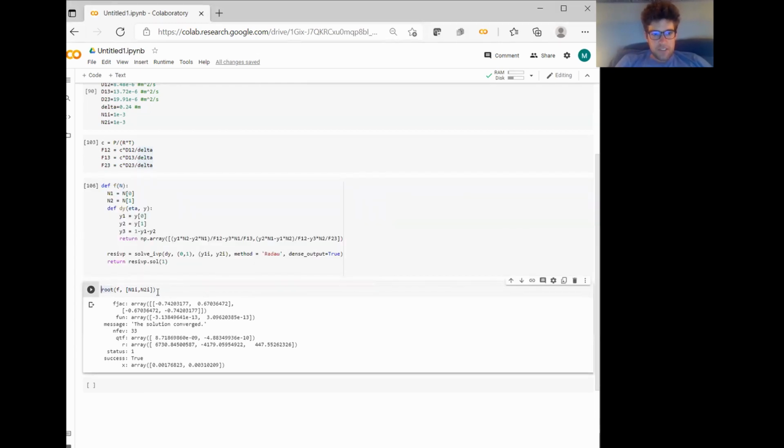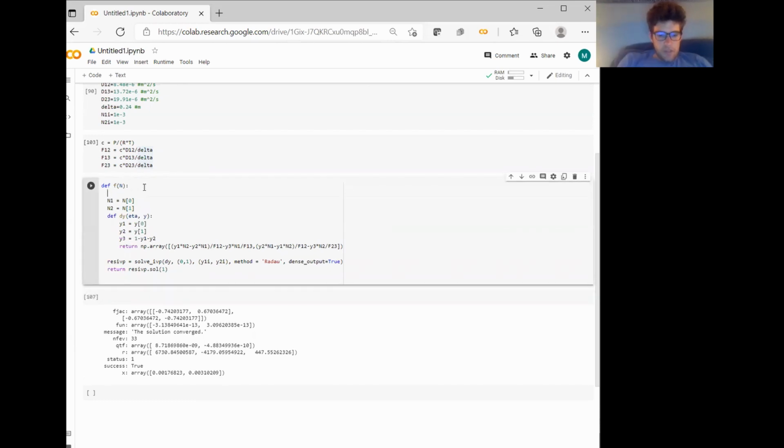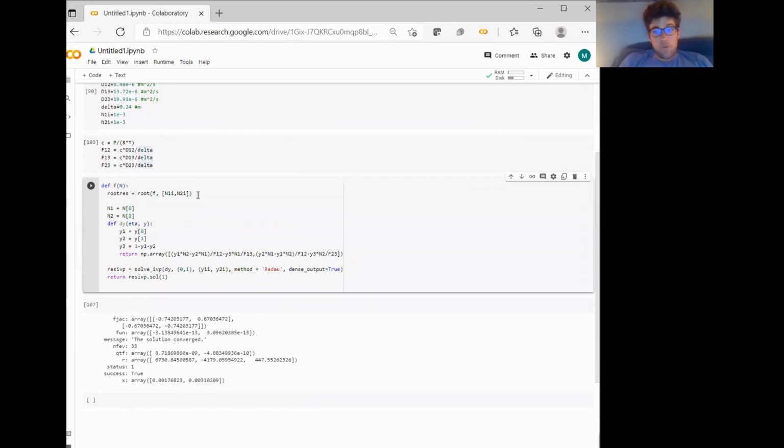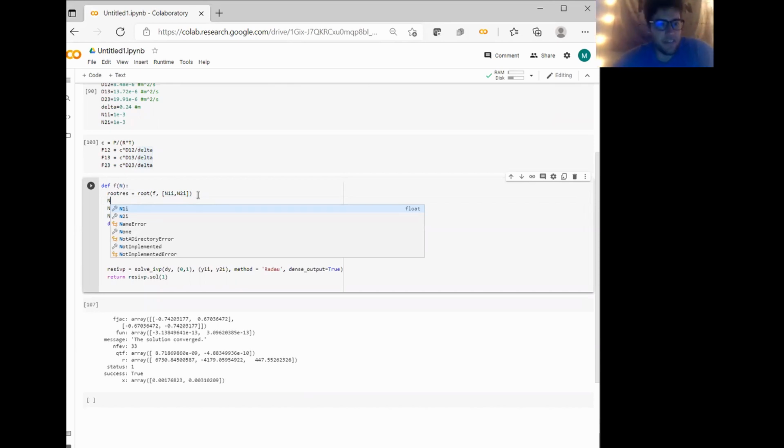So with that, we are going to rearrange our code, because though we know this works, we want to put this in our functions instead of having it lag back here. We're going to go up here and define, let's call it, root result. So root res equals root.